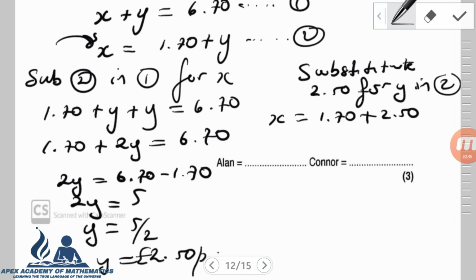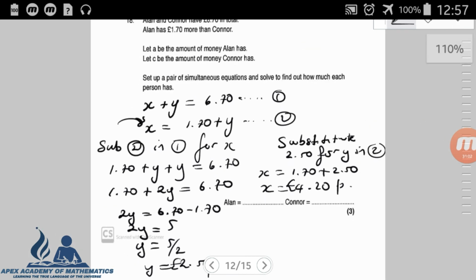So X is equal to £4 and 20 pence, and that's the amount that Alan has.